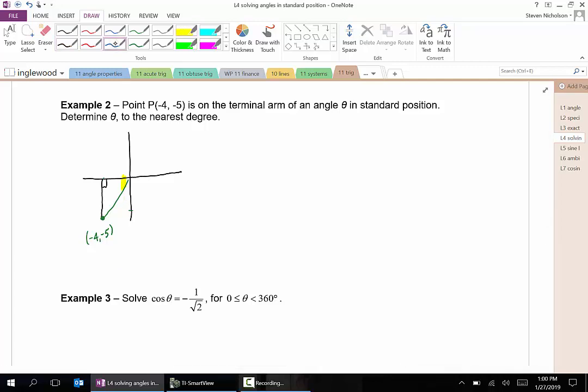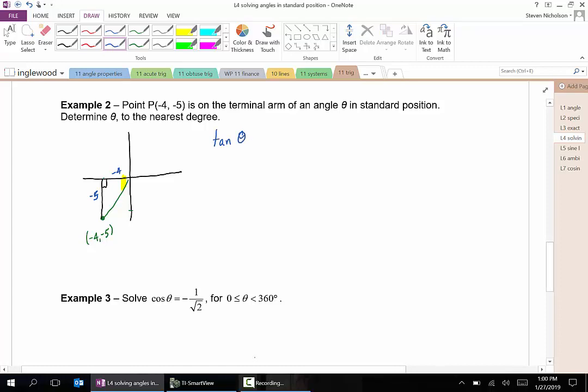And when we locate our numbers, here's our -5 and here's our -4, and in determining which trig identity we would use, well, I have the opposite to the reference and I have the adjacent, so that points out my tangent.